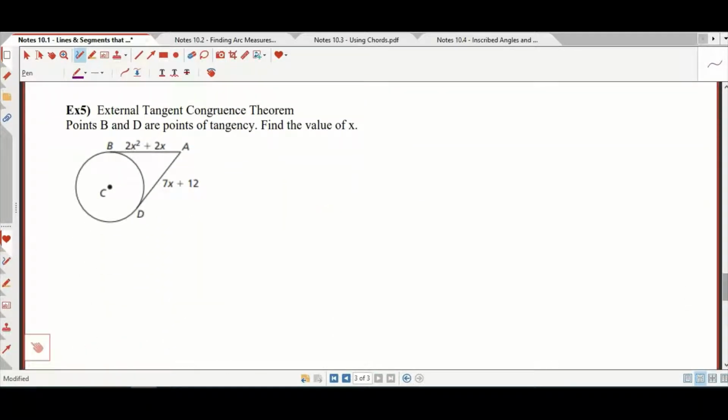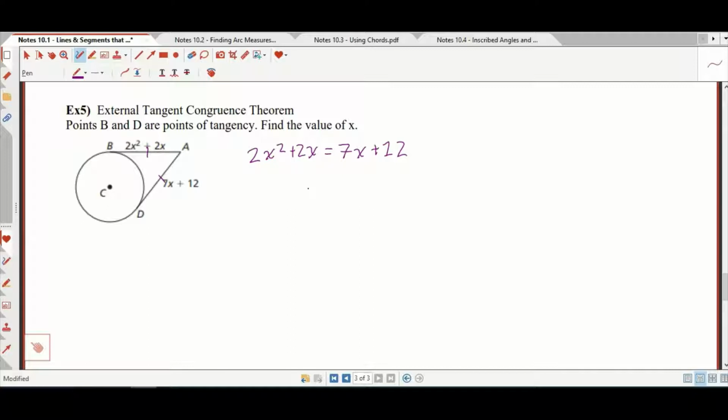External tangents congruence theorem. If points B and D are points of tangency, find the value of x. That is, these two segments are the same length, and these two segments are the same length, which means that we can set them equal to each other. 2x squared plus 2x equals 7x plus 12.